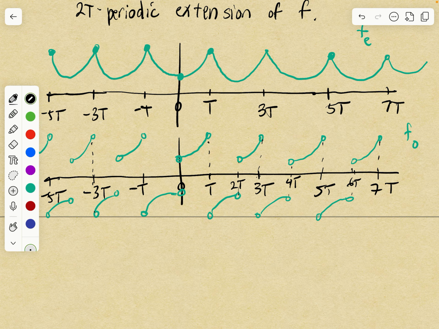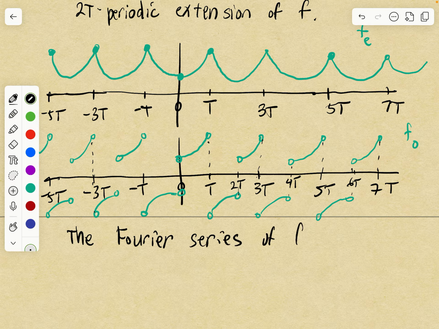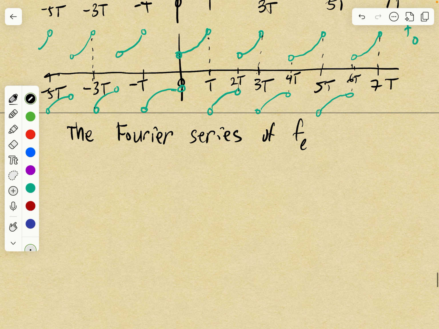So these are periodic functions. They're piecewise continuous, so they're going to have Fourier series. Let's look at what the Fourier series of the first one is. The Fourier series of f sub e, by definition, since this is even, we will not have sine terms. We're only going to have cosine terms.